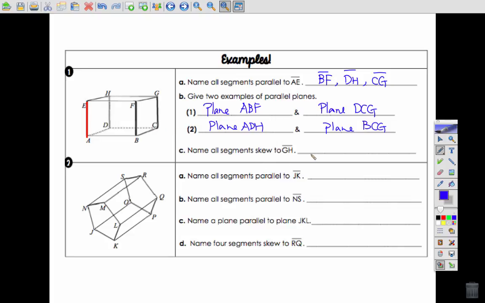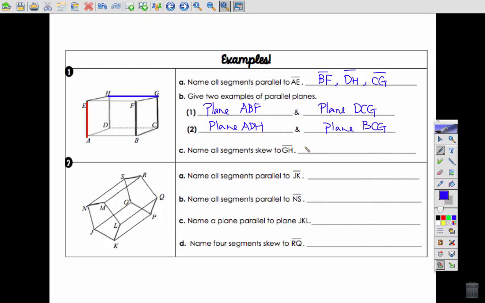And C, name all segments skew to the segment GH. Let's see again, GH is right here. I'm looking for all the segments that are skew to the blue segment GH.